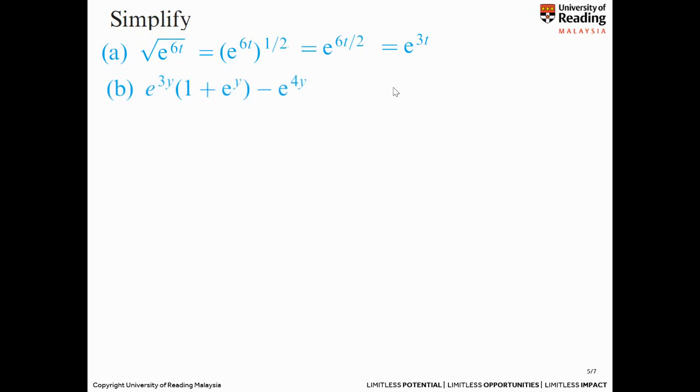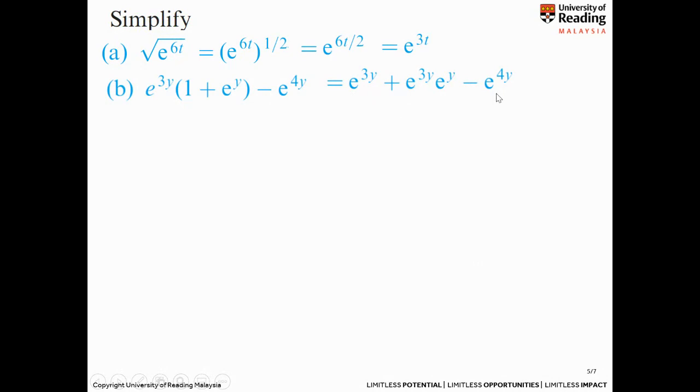Here is a little bit more complicated. Can you spend a minute to work this out, or pause the video? So you expand: e to the power 3y times 1, you get e to the power 3y. Then e to the power 3y times e to the power y, you get the second term.